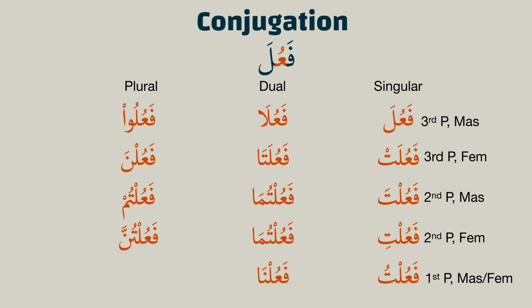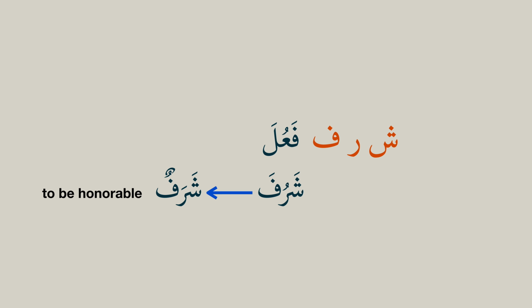Fa'ultu, fa'ulna, and fa'ulna. Now, let's take the root letters Shin, Ra, Fa, which must follow the pattern fa'ula. So we get sharufa, and its masdar is sharaf, meaning to be honorable. Now let's conjugate this verb.